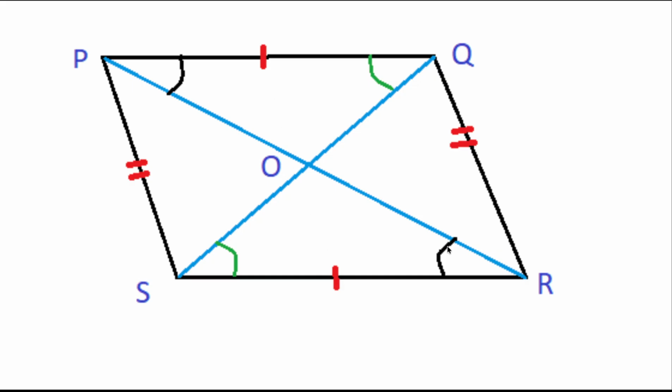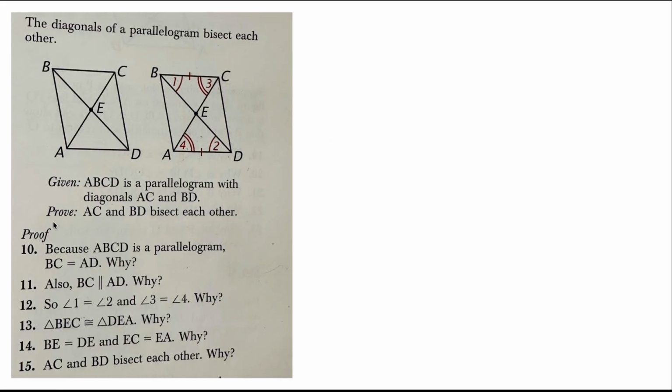This angle is equal to this angle. And this angle is equal to this angle. And so therefore, it's kind of like our parallel lines and our transversal. We have corresponding angles and also corresponding triangles. Let's answer some questions about this.